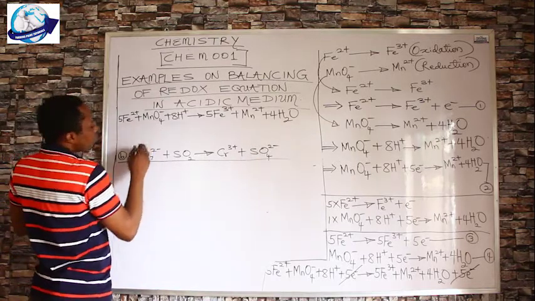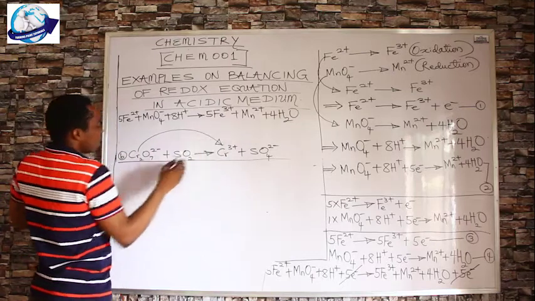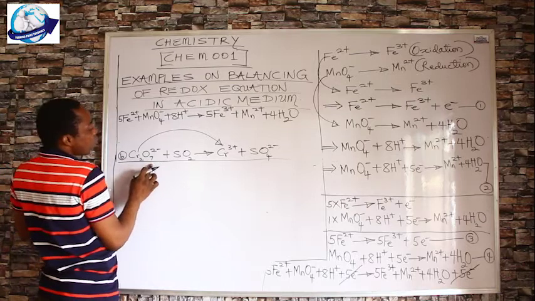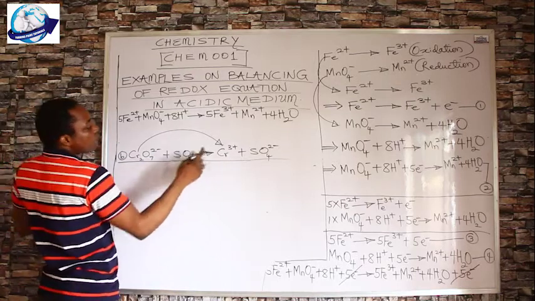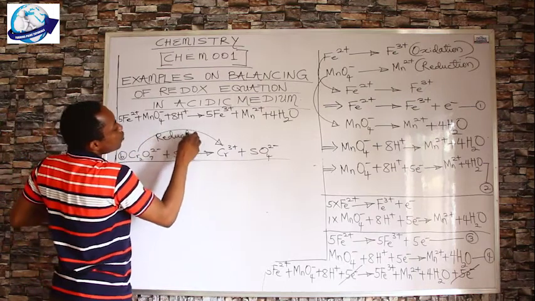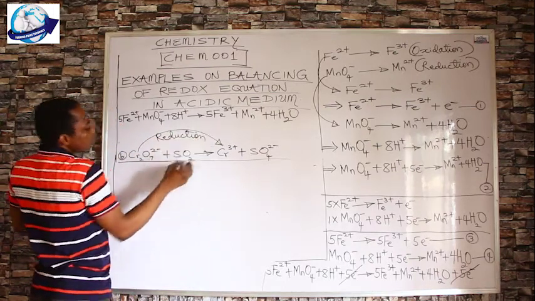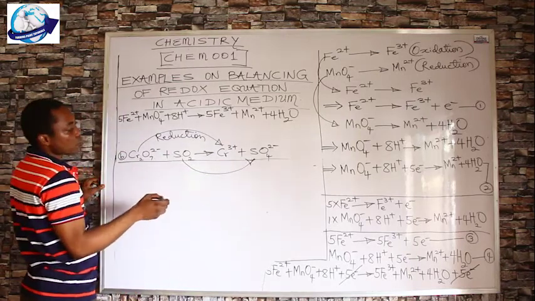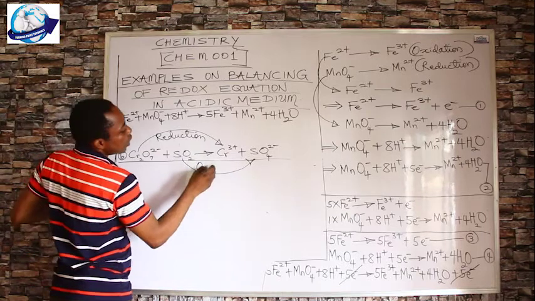Going from here to here, you understand that this Cr2O7 2- is being reduced to Cr3+. So this one is called a reduction half reaction, or half equation. And going from this side to this side, we call it what? Oxidation half equation.